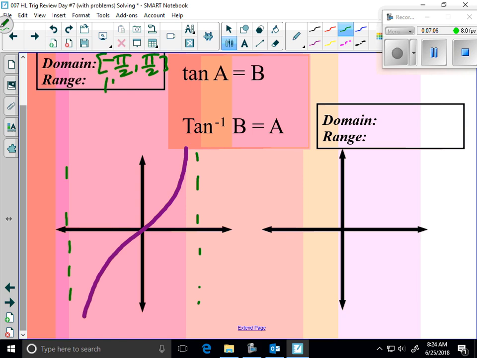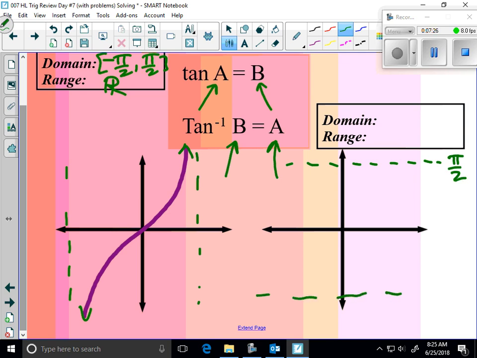Its range is all real numbers, right? There's no restriction on the upper and lower bounds of that function. So again, when we input an angle, we get out a ratio. When we input a ratio, we get out an angle. So these vertical asymptotes at -pi/2 and pi/2 become horizontal asymptotes.